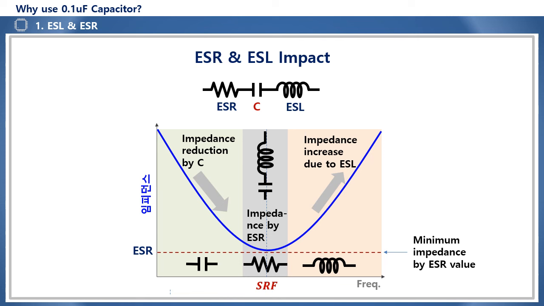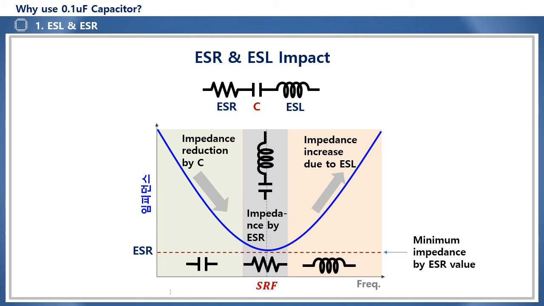Therefore, a countermeasure for this is necessary. In other words, you need to apply a type with very low ESL, or apply 2 or 3 or more MLCCs in parallel to shift the self-resonant frequency SRF to a higher frequency range as much as possible, thereby expanding the frequency band of the capacitor's operating area.